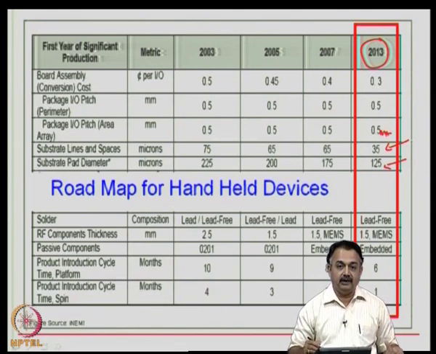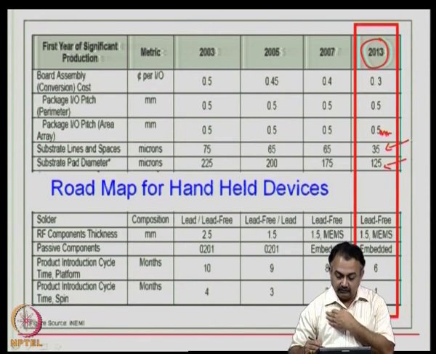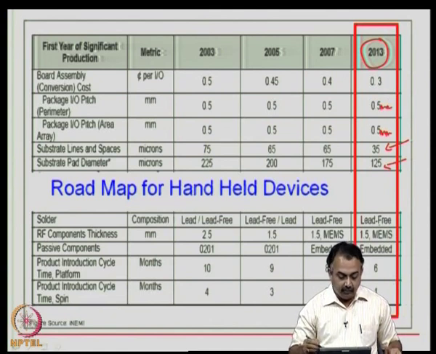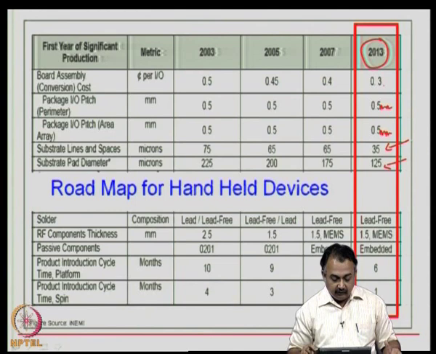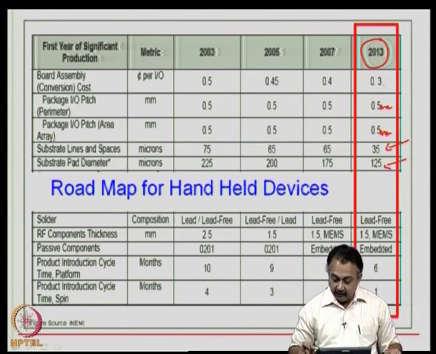So, typically for BGAs, this is the standard today, even for CSPs. That means, if you go below 0.5, then it is a CSP. Then if you look at package I/O pitch for perimeter package, it is also 0.5 mm, and board assembly cost is something like 0.3 cents per I/O. So, there are challenges for handheld devices, because unless you meet these requirements, you can't be a leading edge manufacturer.